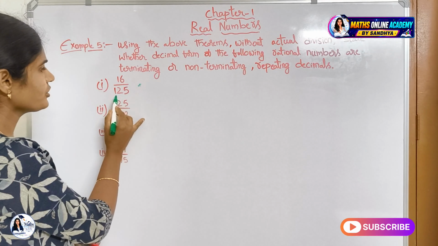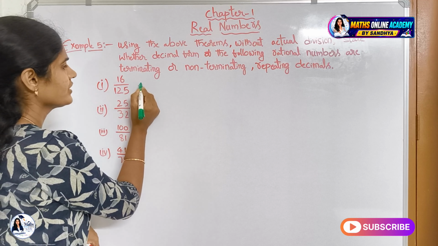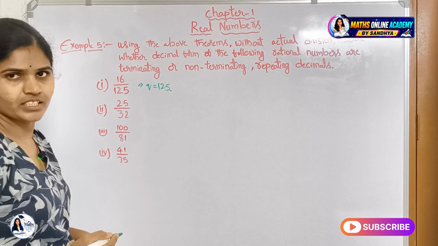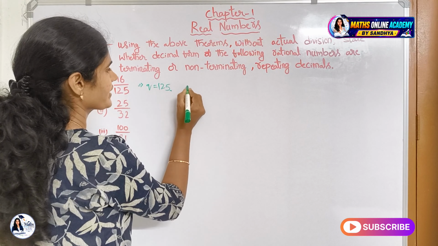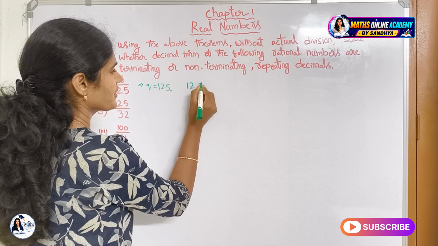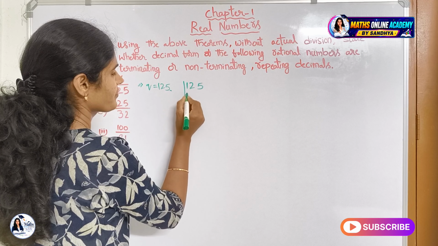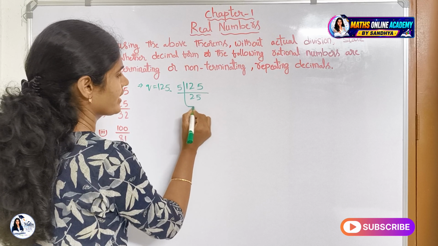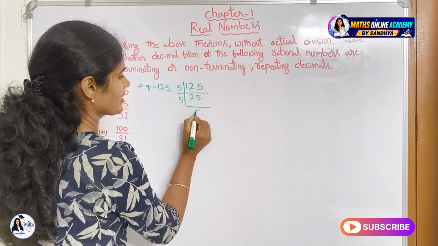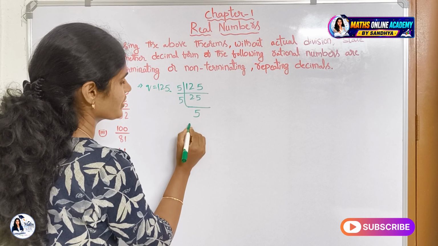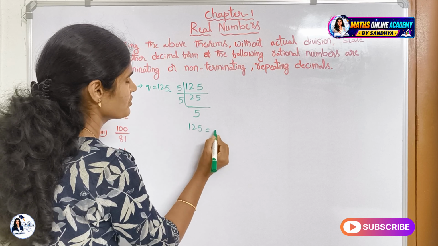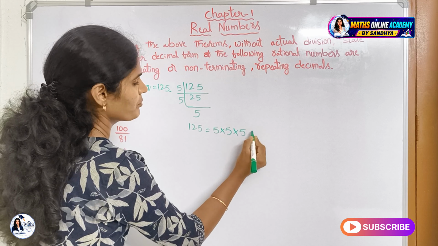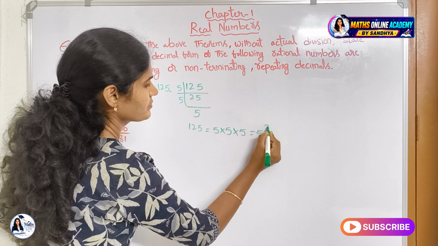What is the q value here? The q value is 125. For 125, you do factorization. 125 is 5 into 5 into 5, which means 5 cube.